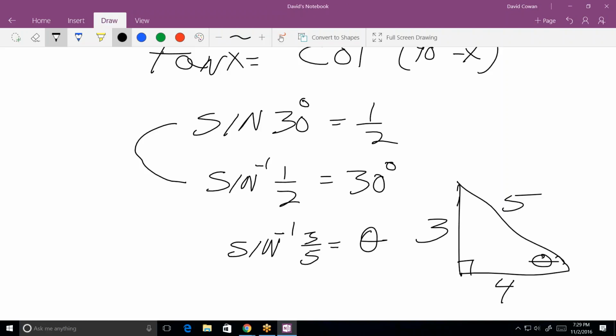Your calculator has an inverse trig function button on it. So you'd put in inverse sine of 3/5, and it would tell you that angle is 37 degrees. And if you did the inverse sine of 4/5, it would tell you that angle was 53 degrees approximately.